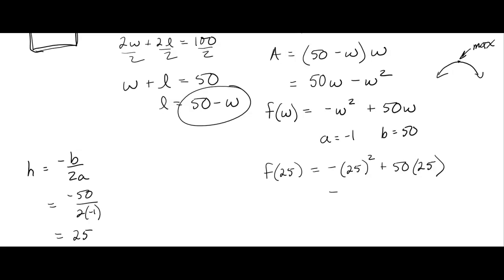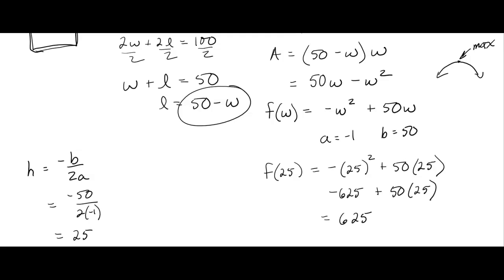Yeah, okay, so negative 625 plus 50 times 25, which is 1,250. I get 625.